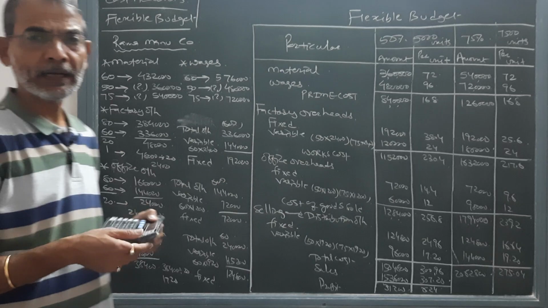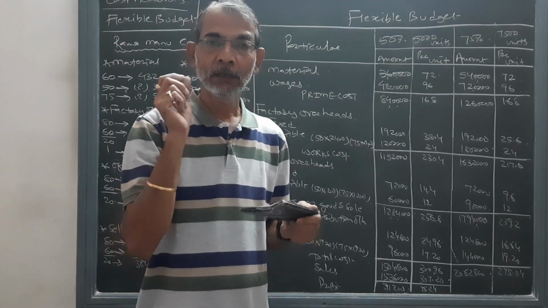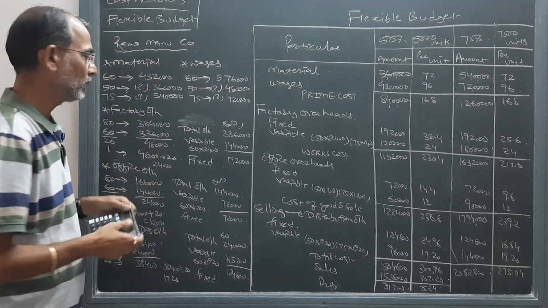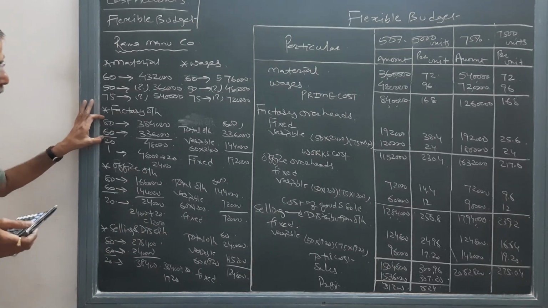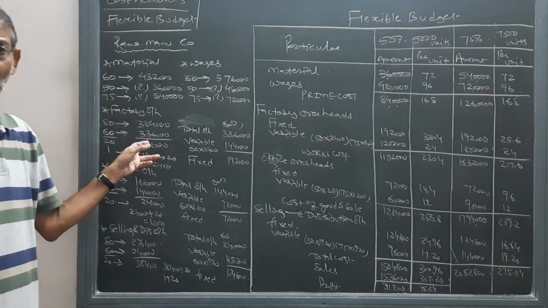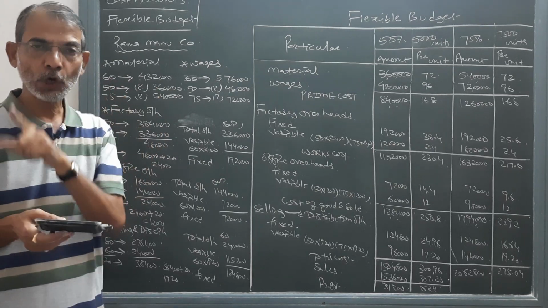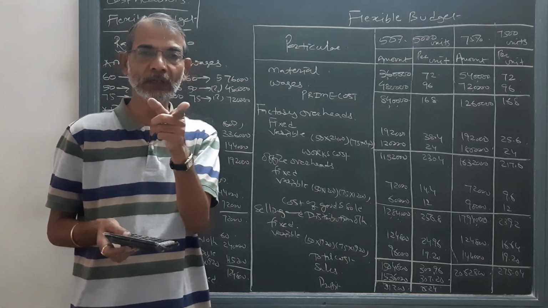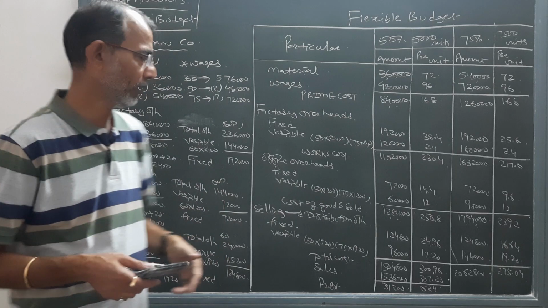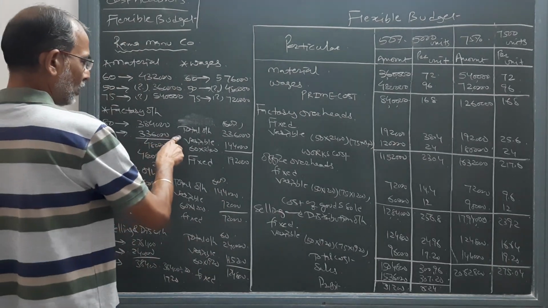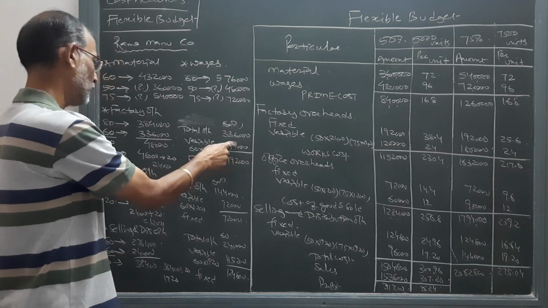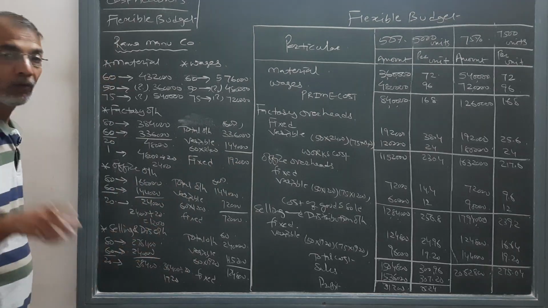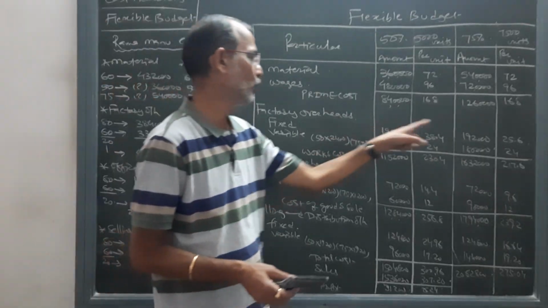Now if we come to the factory overheads, in that fixed and variable both are included. So how to bifurcate this? First you have to find the difference, divided by the difference of amount, which will give 2400. That means for every one percent variable overheads are 2400. So if I take it for 60%, total overheads are 336, variable 60 into 2400, 144. That means fixed factory overheads are 192.